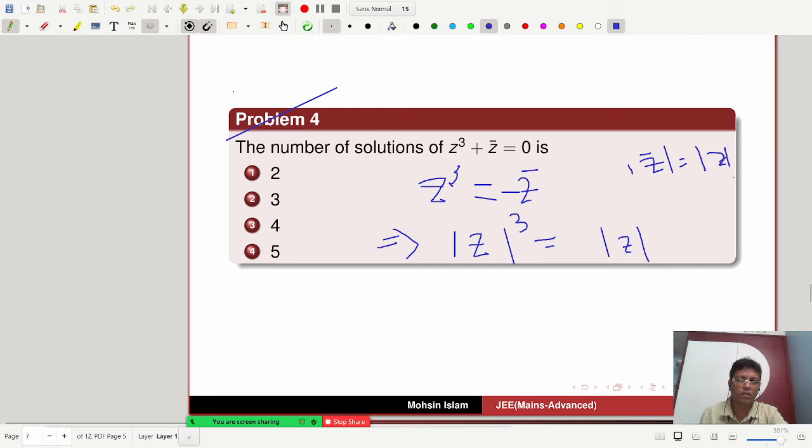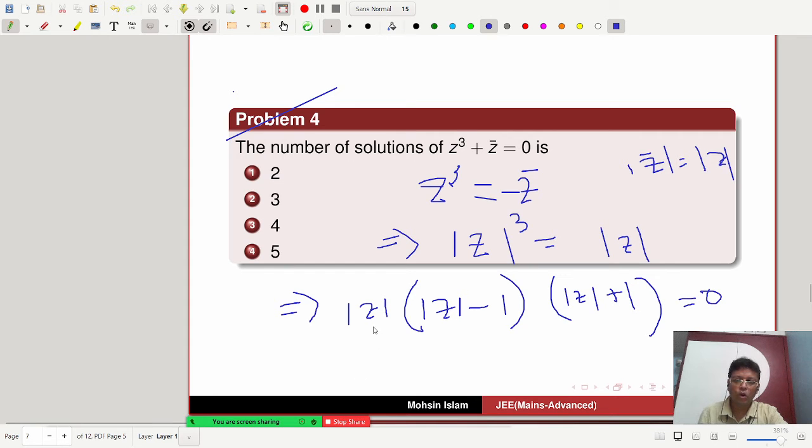If you solve this, you will get mod z squared minus 1, that is mod z minus 1 into mod z plus 1 equal to 0. So either z equals 0, or mod z equals 1. These are the two cases, because mod z plus 1 can never be negative. It is greater than 0. Mod z cannot be minus 1.